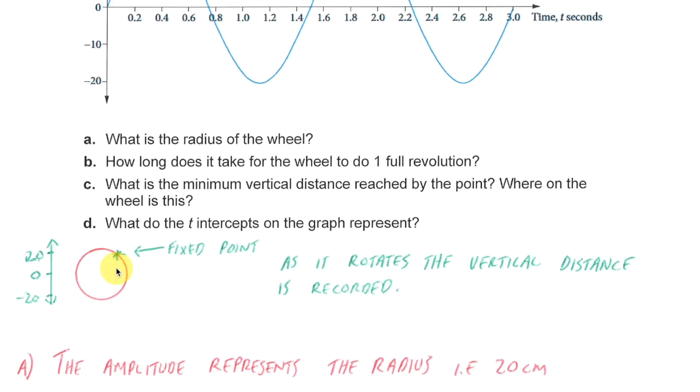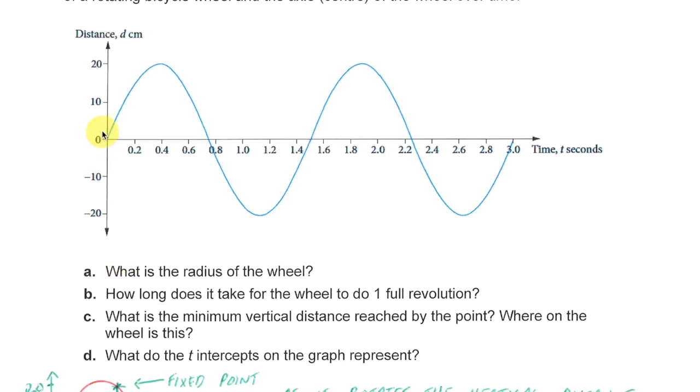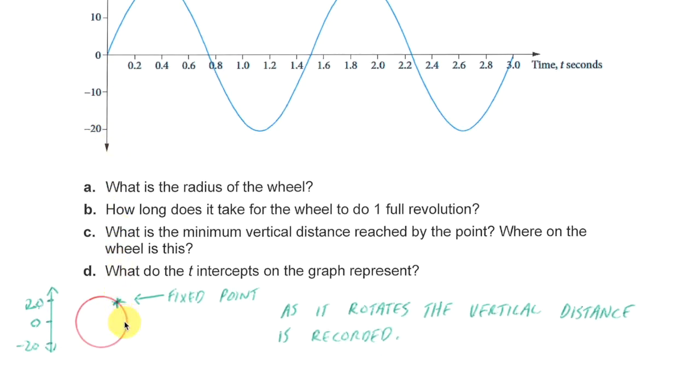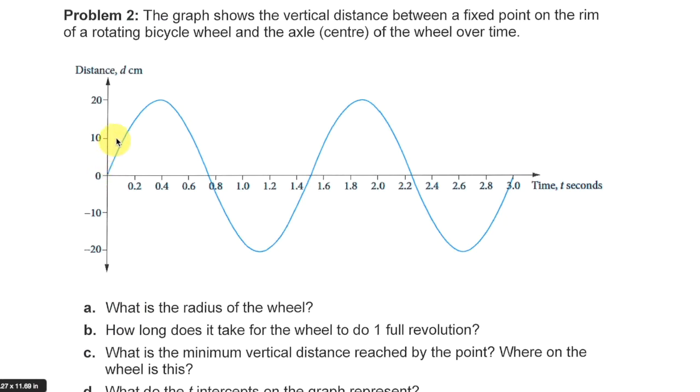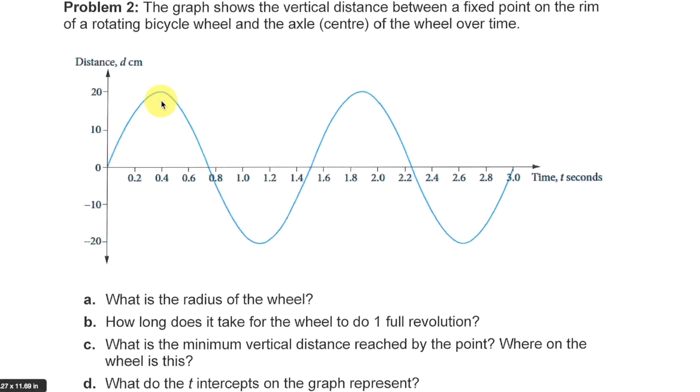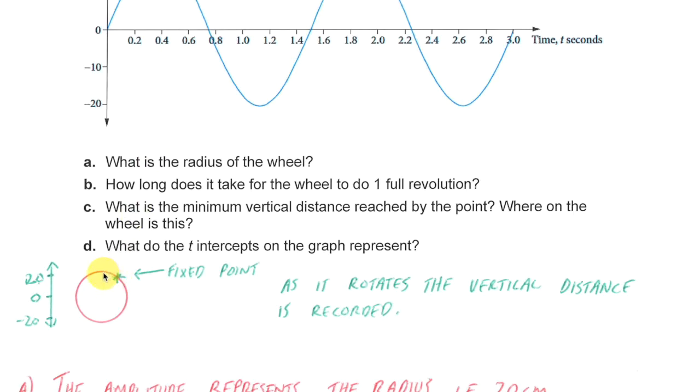Now, if we're looking at that distance, then we're creating this graph here. So our starting point, the fixed position, is level with the axle. So this is it here. We go along, we are now at its maximum. So that means that we are directly above the axle, would be in this position. So perhaps we could be rotating that way.